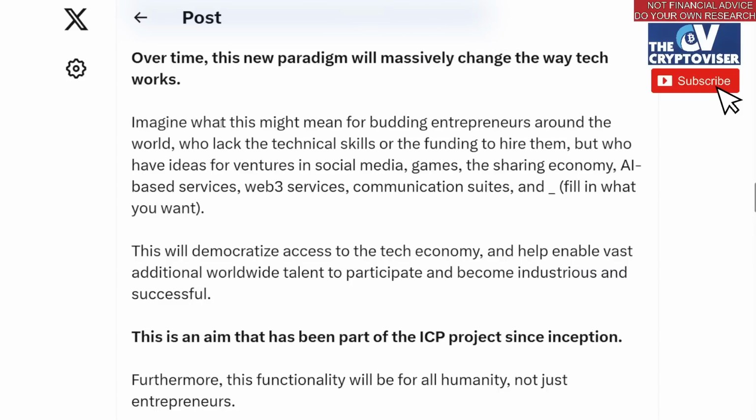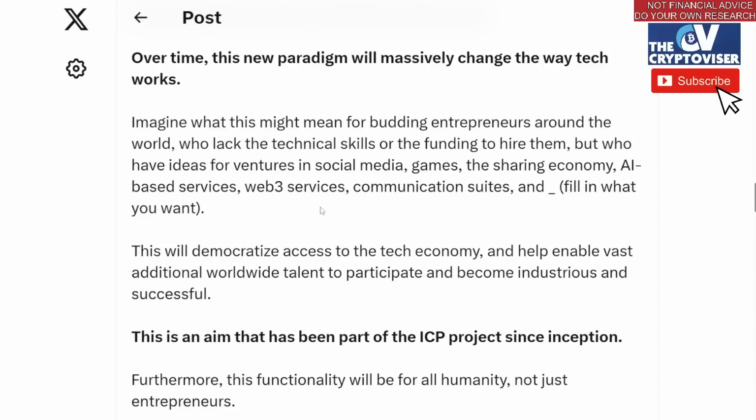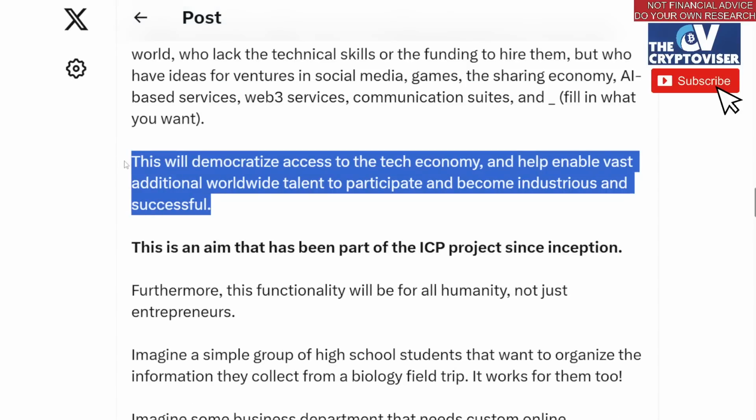And so essentially they say, imagine what this might mean for budding entrepreneurs around the world who lack technical skills or the funding to hire those who have it, but who have ideas for ventures in social media, gaming, sharing economy, AI-based, whatever. This will democratize access to the tech economy and help enable vast additional worldwide talent to participate and become industrious and successful.